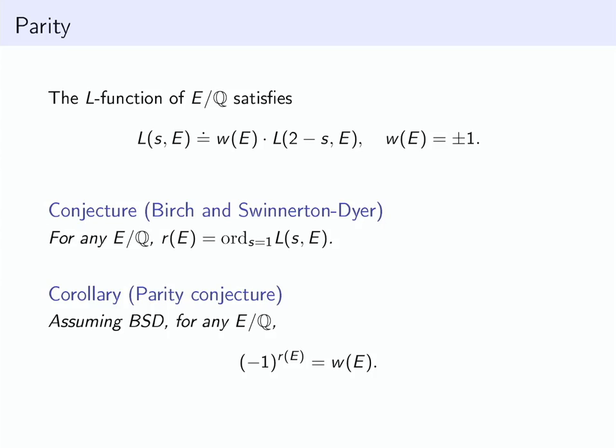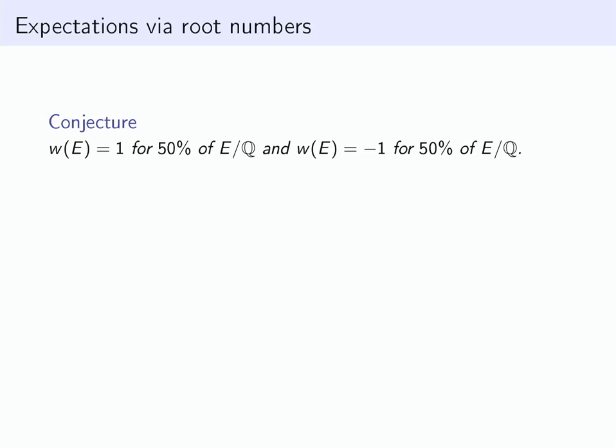All right. Well, what is this number w(E)? It takes values either 1 or negative 1. It seems pretty reasonable to guess that it should be evenly distributed between these two possibilities. Absent outside information, you may as well guess that the root number is plus 1 50% of the time and minus 1 50% of the time.